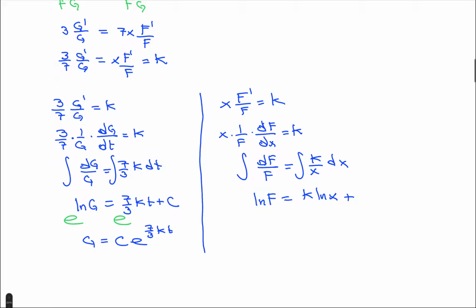And then plus another constant of integration, but because we already used the letter c, I'm going to use another letter, letter d, right? Okay, so to solve for f, let's exponentiate both sides of the equation. That's going to leave us with f equals, on the one hand, e to the d, it's another constant, just d. However, you might want to cancel the exponential with the logarithm.